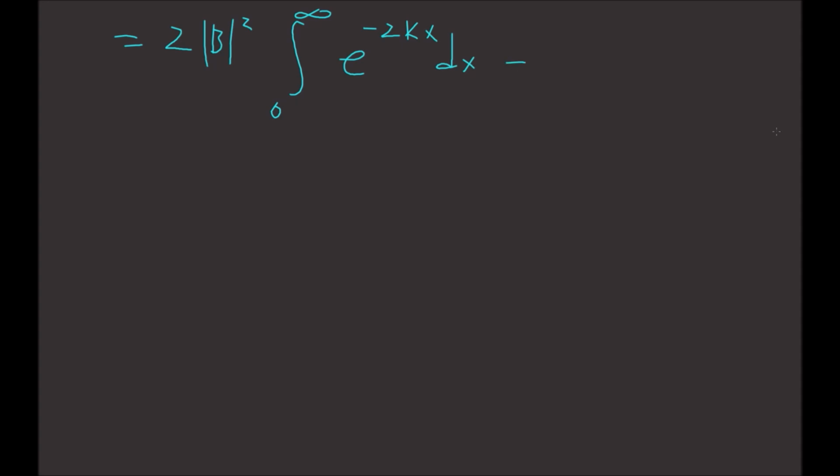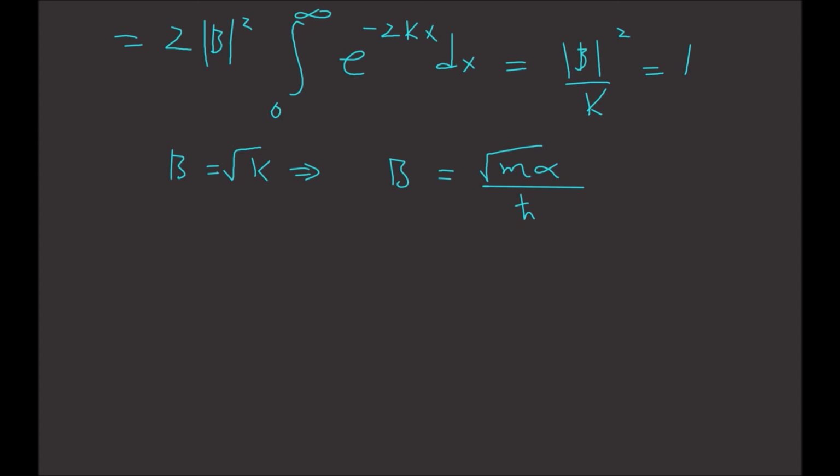Finally integrating, we get the modulus squared of b divided by k. This must equal 1, and solving for b we get b equals square root of k, or b is equal to square root of m times alpha divided by h bar.